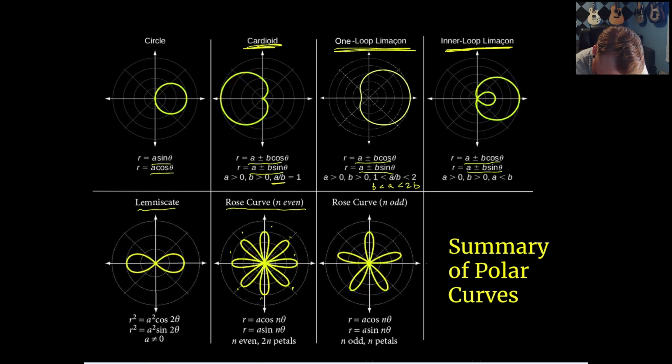If I look closely, I could probably figure out that the a value is 3. So here I can see that there are 1, 2, 3, 4, 5 petals, and it's slightly off. This first petal does not start on the x-axis, and I can look at that petal. Looks like it's a distance of 3. So here this is looking like r equals 3 sine of 5 theta.